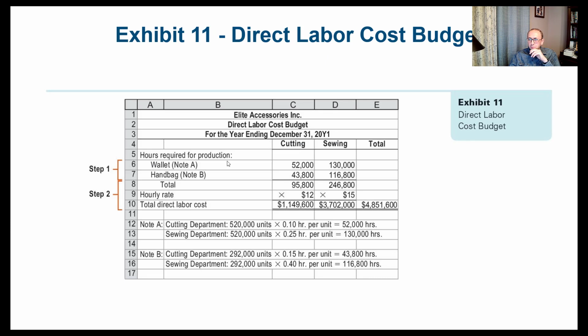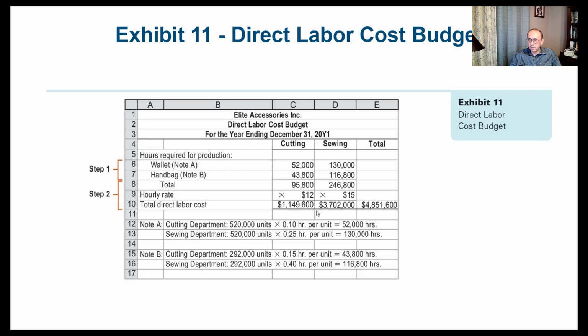So we get the hours required for production: 52,000 for the wallet for cutting, 130,000 for the wallet for sewing, and then for the handbags, 43,800 for cutting and 116,800 for the sewing, multiplied by the hourly rate, which is the same whether it's wallet or handbag: $12 for the cutting and $15 for the sewing.